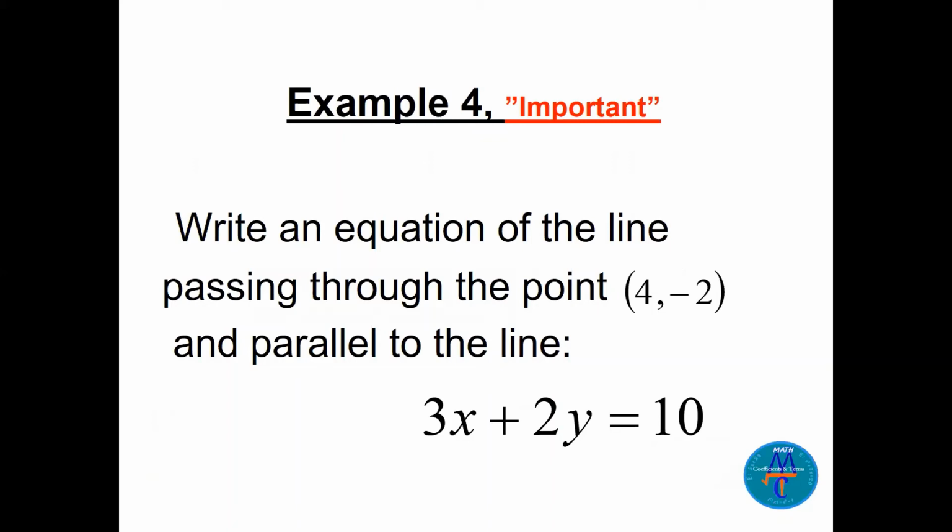And this line that we need is parallel to another line, 3x plus 2y is equal to 10. Can you figure out the method or how to do it? Find the equation. We need the equation of a line passing through one point. So this point is x1, y1 because it's already on the line. And these two lines are parallel, so we can take the slope from here and use it there.